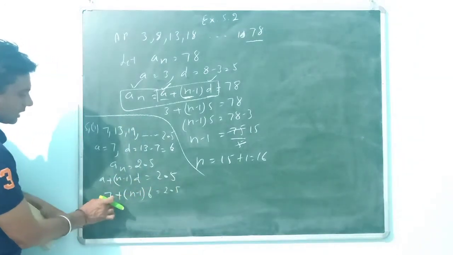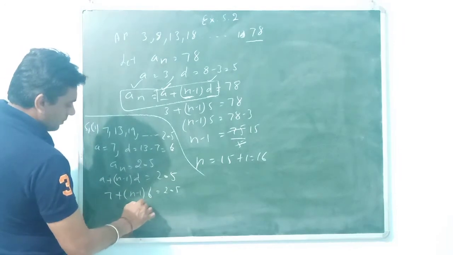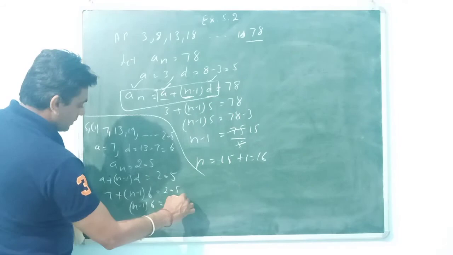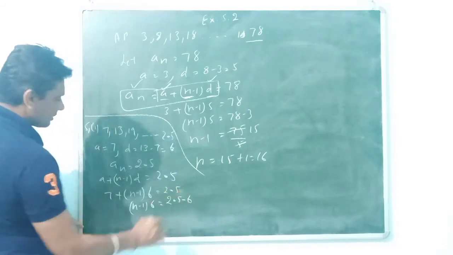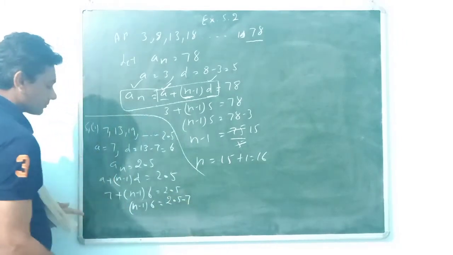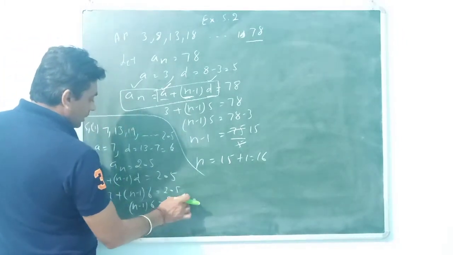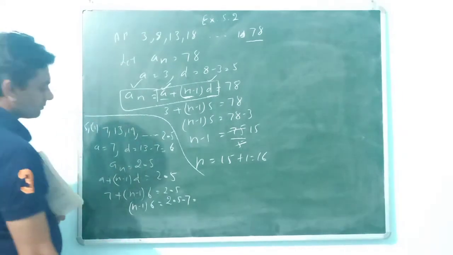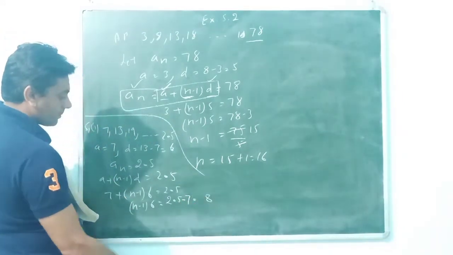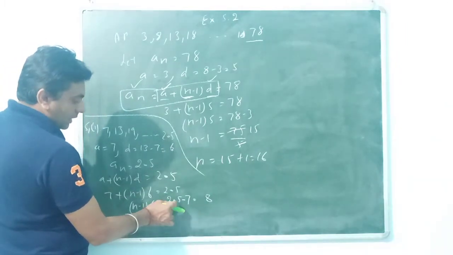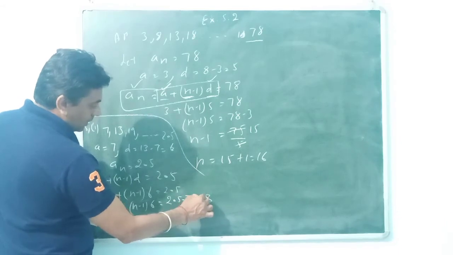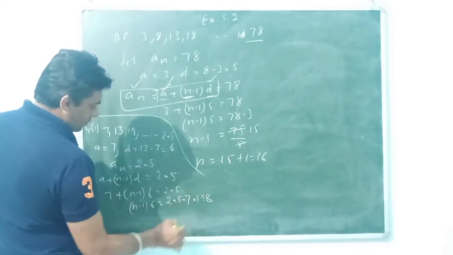Taking this to that side, (n minus 1) times 6 equals 205 minus 7, which is 198.